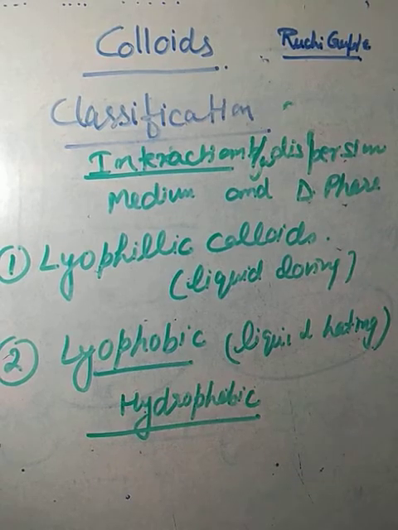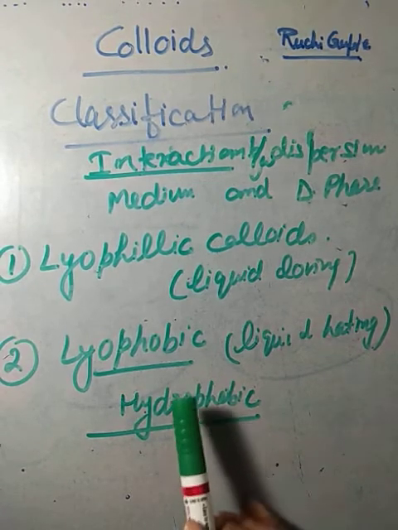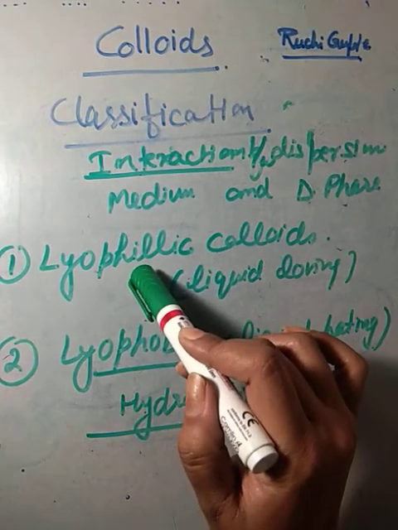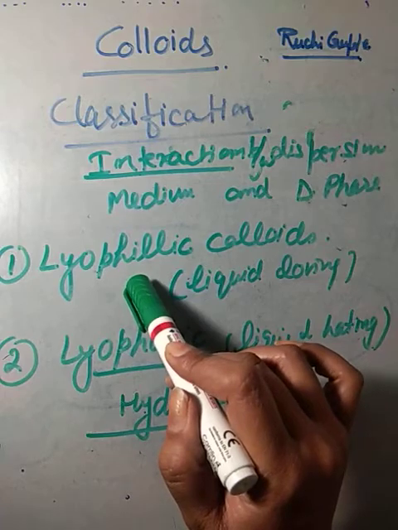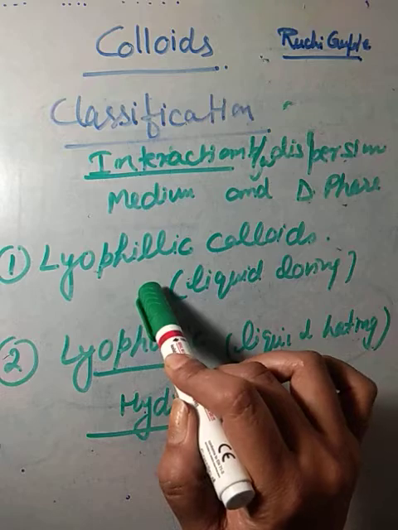If we compare lyophilic and lyophobic, then there are certain points. The first is that lyophilic can be easily prepared, but lyophobic cannot be prepared directly. The lyophilic is quite stable and not easily precipitated. And here we will use one more term for precipitation, which is coagulation.